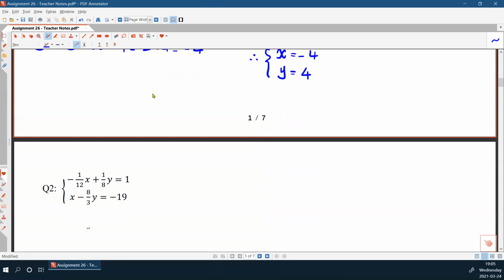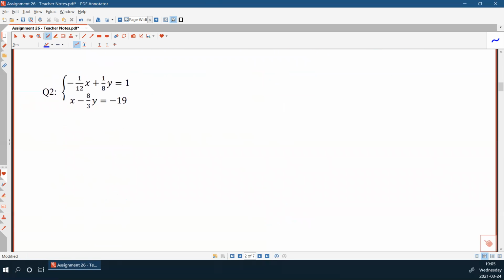Okay, let's see the next one. Okay, next question. Let's say this is equation 1 and this is number 2. All right, usually we'll convert all the ratios to integers to make the system of linear equations simpler, right?